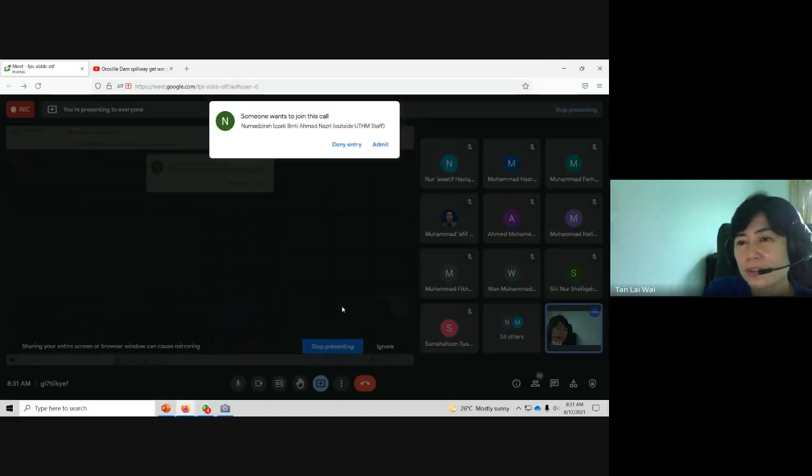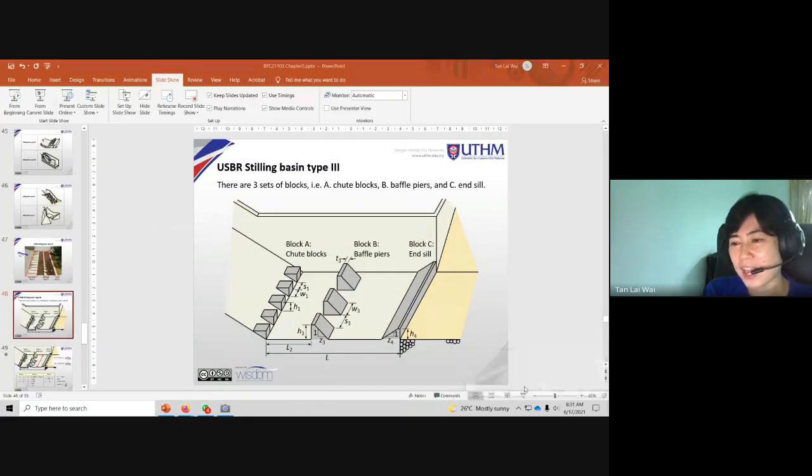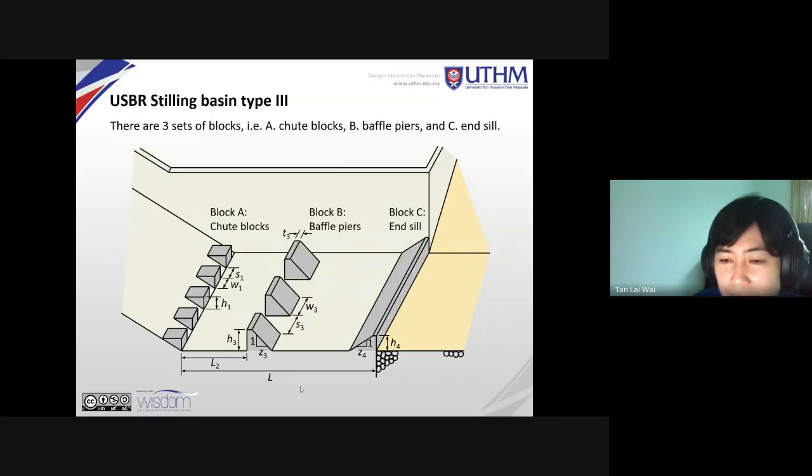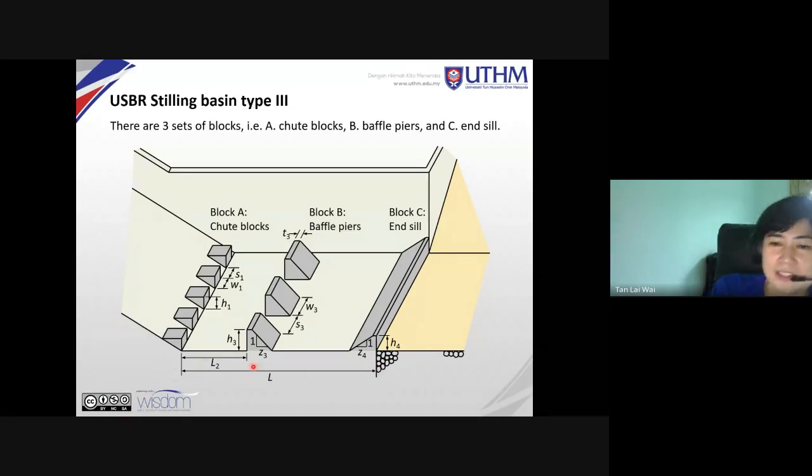The length of the sealing basin is denoted by L. If you look here, it's L. Then, once you have the L ready, the next, you have the set of number 1 here. The length between number 1 and 3 would be L2.